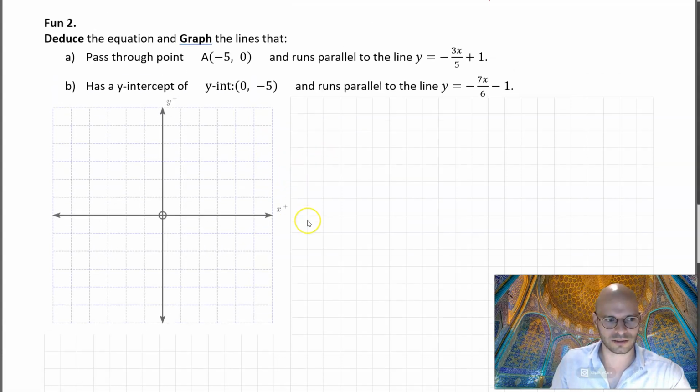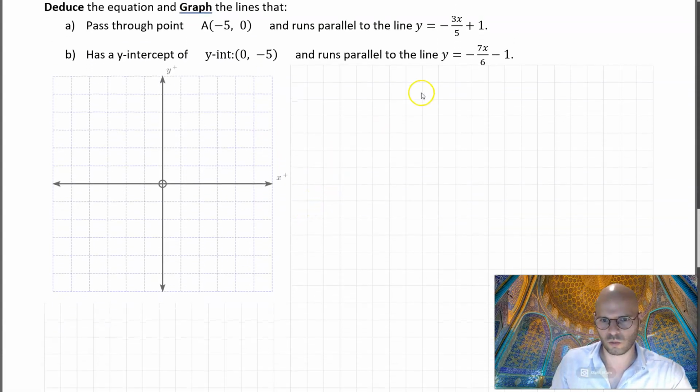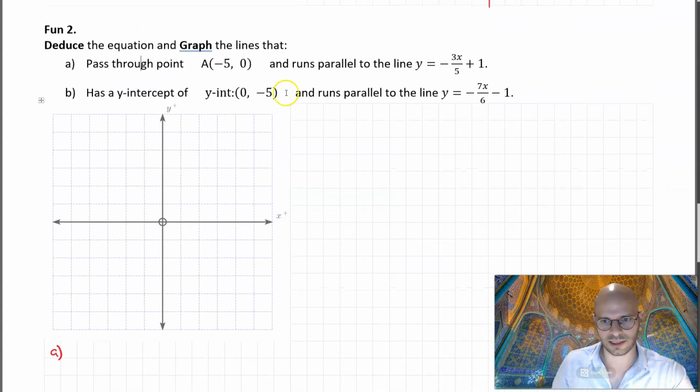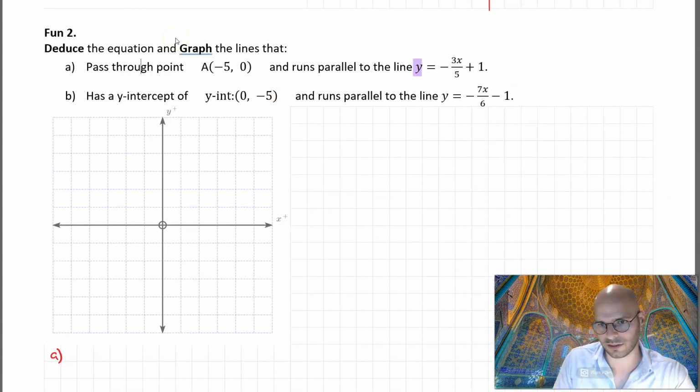Alright, welcome back. Let's have a go at this. What we're dealing with is equation 1 for now. First things first, let's get a visual cue happening. We are dealing with this equation here. What we're going to do is quickly sketch this on the line. We know it has a y-intercept of (0, 1) because it has a +1 at the end here.